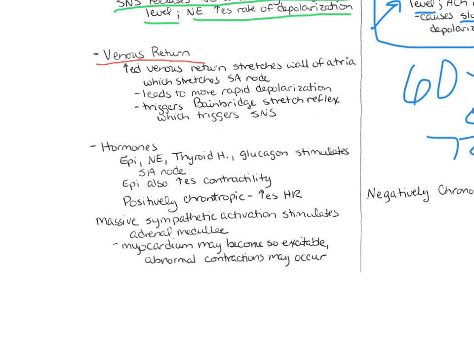If we have an increased venous return, more blood is coming back into the atria. It's stretching the atrial walls because blood is filling up. It's also stretching the SA node. That stimulates the SA node, and the SA node is going to depolarize more rapidly.